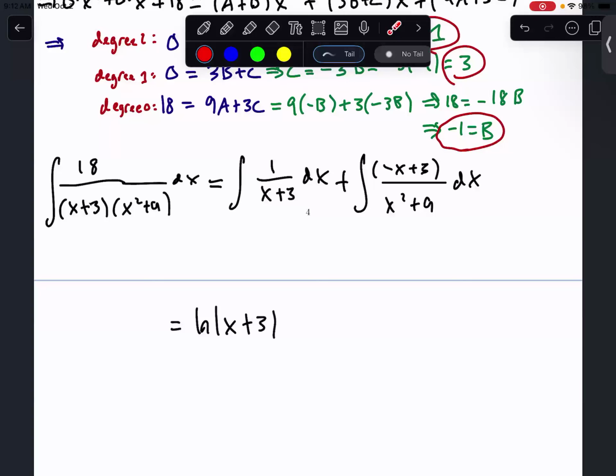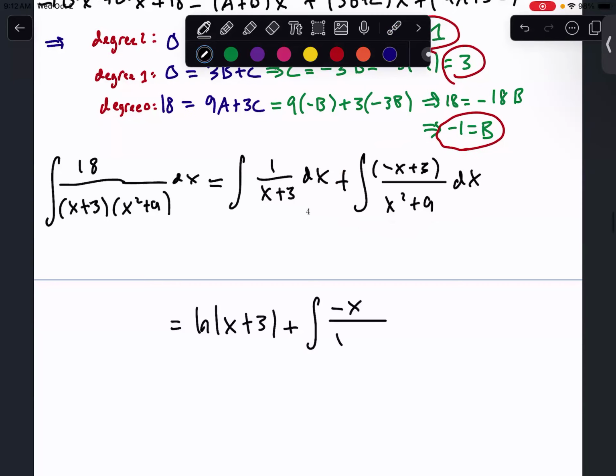So what I would recommend here is to split up this integral into two smaller integrals. So this is really going to be plus the integral of -x over x squared plus 9 dx, and then plus the integral of 3 over x squared plus 9 dx.